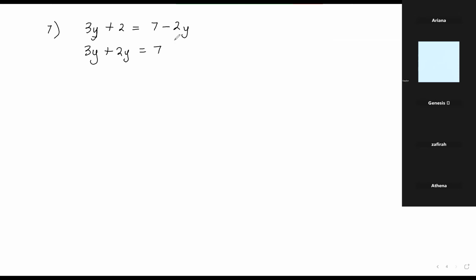Yes. Wonderful. So then the next line, we're going to work out each side. What is 3y plus 2y? 5y. And 7 minus 2 is 5. So if 5y is equal to 5, then y is equal to 5 divided by 5, which is 1.